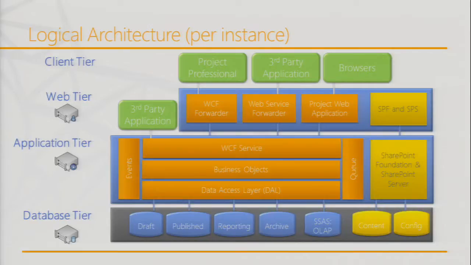Then you start multiplying. So if I've got 3 departments, then I'm going to have times 3 of those. Obviously, the config DB, you will only have 1 if you do it in a central farm, but potentially you get the point that you can have a lot of databases depending on how rapid the adoption is within your organization.